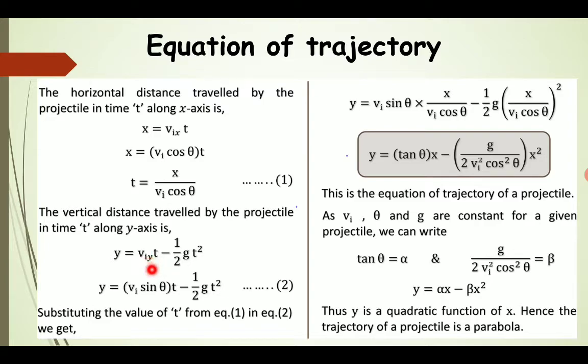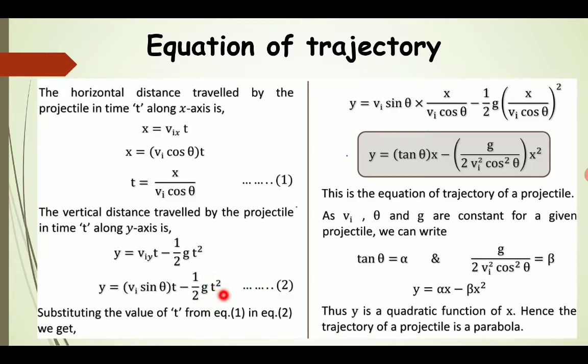We take a negative sign here because as we are going up, we are moving against gravity, and that's why the acceleration due to gravity is taken as minus g. Substituting the vertical component of velocity, we have y equals Vi sine theta into t minus 1 by 2 g t square. This is our required equation. Mark it as equation number 2.